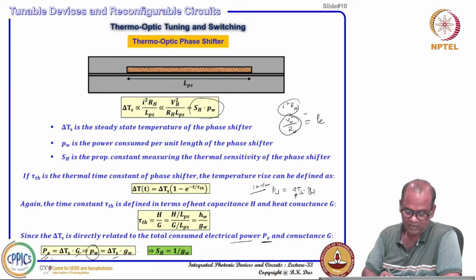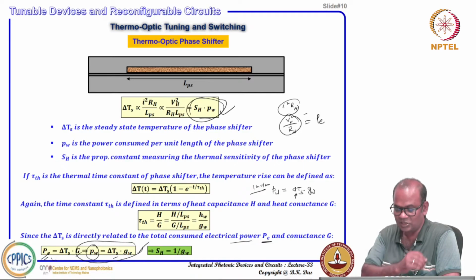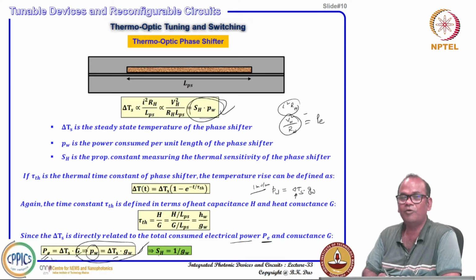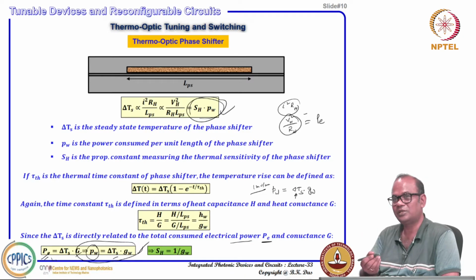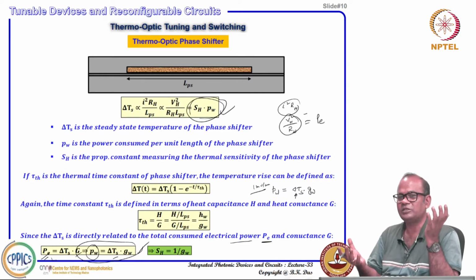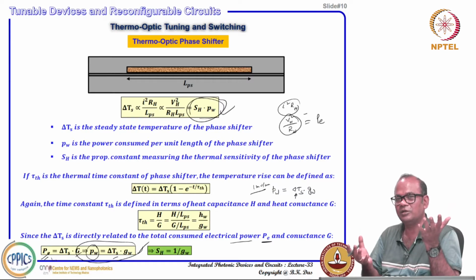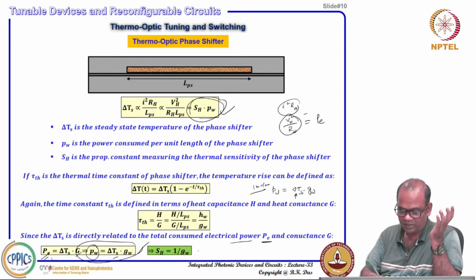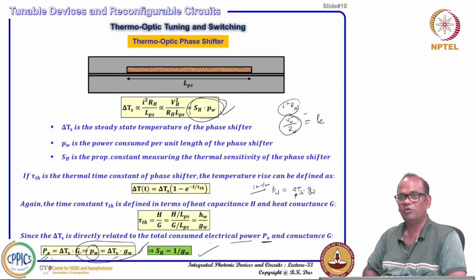If we compare this equation and this equation, we find that sensitivity equals 1 over GW. That means the higher the thermal conductance, the lower the sensitivity. The smaller the conductance, the higher the sensitivity. What does sensitivity mean? It is a measure of how good the temperature rise is. So, this is a different way of modeling a waveguide phase shifter.